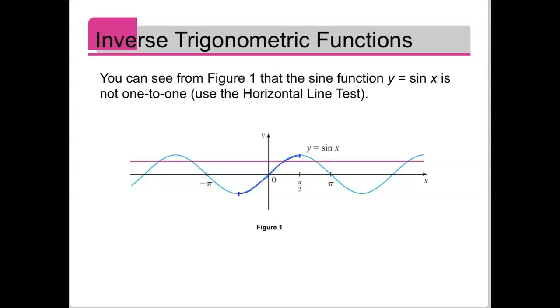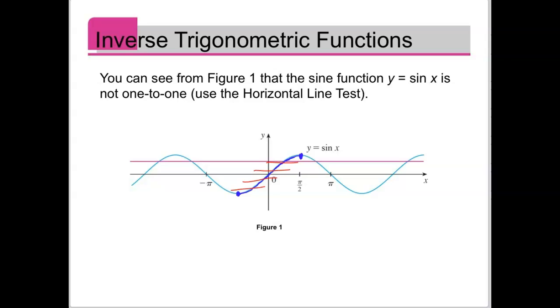So if I just look at that piece, does that single piece pass the horizontal line test? The answer is yes, it will. There's nowhere that I'll be able to draw a horizontal line that will hit more than once. All right, and that piece also represents all the possible y values that sine will ever attain.